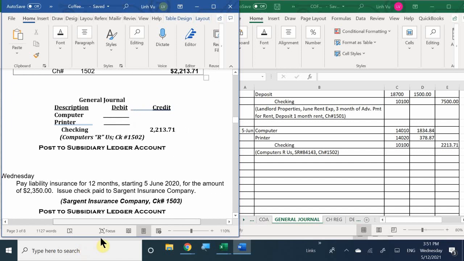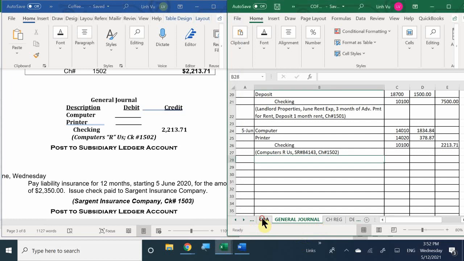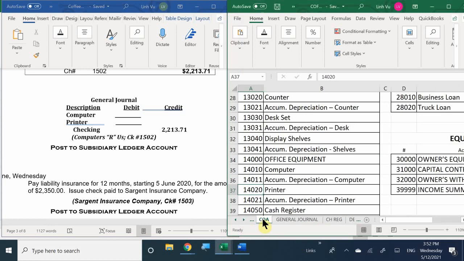So let's take a look at this. What are we doing here? It's similar to the rent expense, but what are we looking at? Let's take a look at our chart of accounts. Insurance expense is definitely one of them, right? Because if it's effective as of June, we need to expense the first month. What about the 11 months?